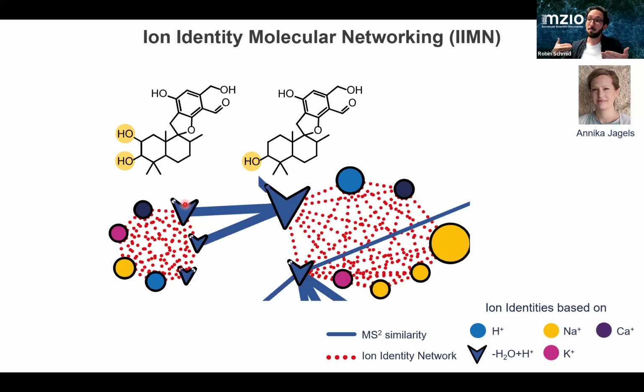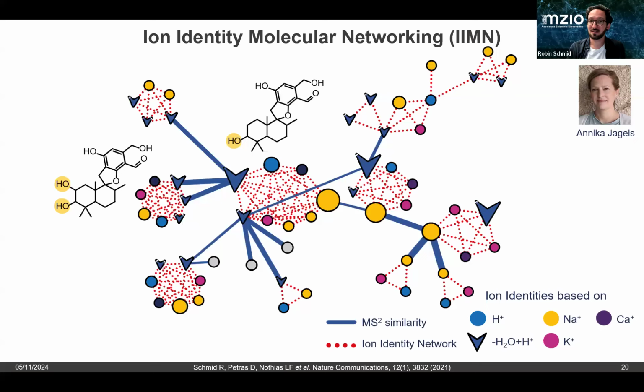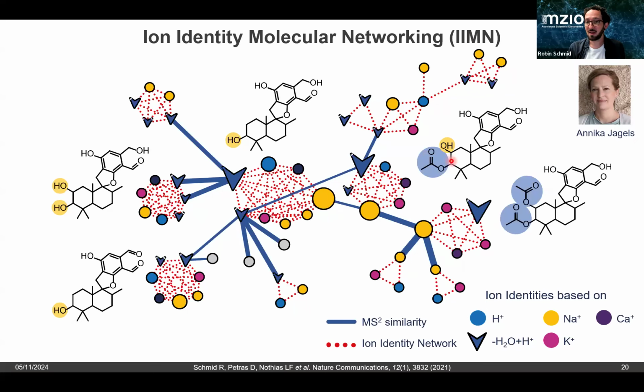In a circle, in red edges, we have MS1 ion identity networks, all different neutral losses and adducts of the same molecule. Then in blue, we have connected different ion species of these two compounds, and there's just a hydroxy group difference between them. In your data set, you might see that very many different compounds are connected.